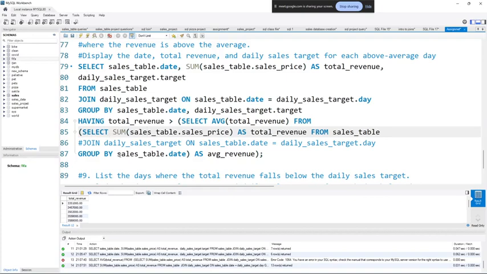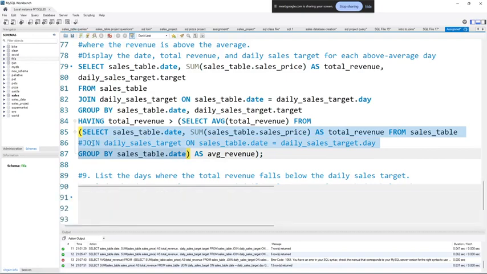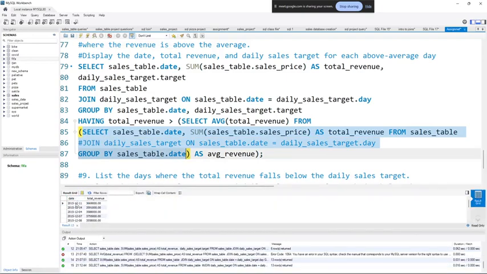I can easily put that date here too. Look at it. This is how it's supposed to be. And if I run that particular statement, see, it will bring out the date and the revenue. But I don't want to see this date. Since I don't want to see this date, I can just decide to remove it.